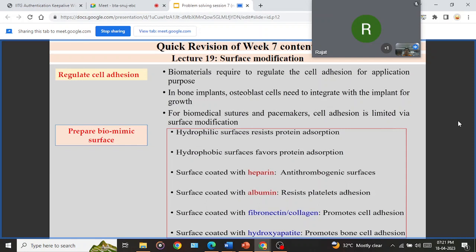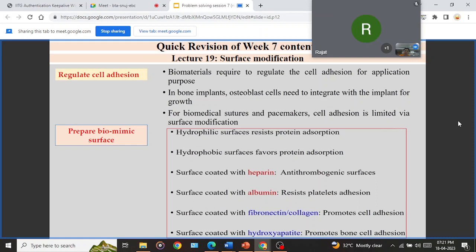As you see, hydrophilic surfaces resist protein adsorption, whereas hydrophobic surfaces favor the protein adsorption. If you use a surface coated with heparin, it acts as an anti-thrombogenic surface. If a surface is coated with albumin, it can resist the platelet adhesion.